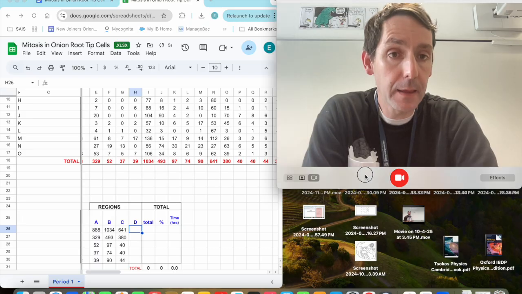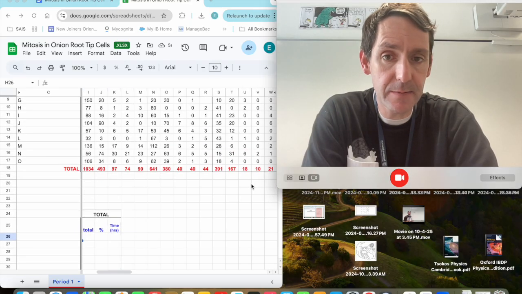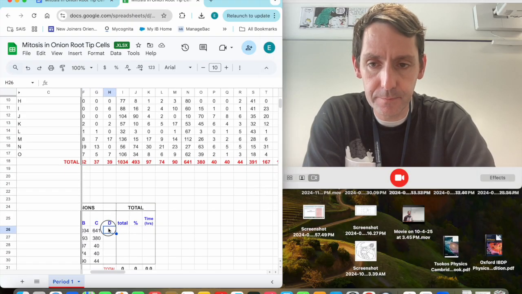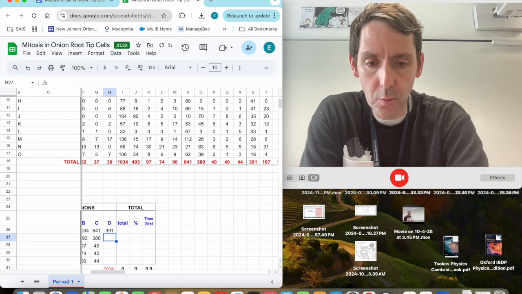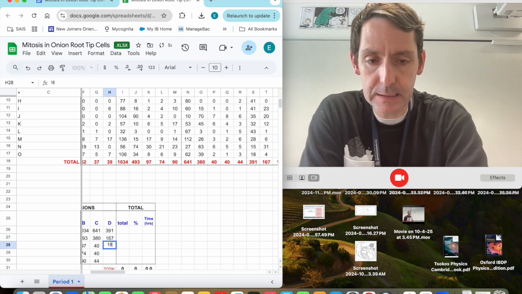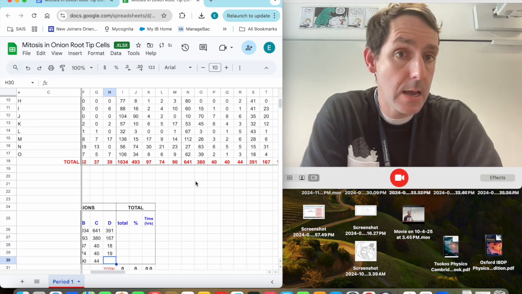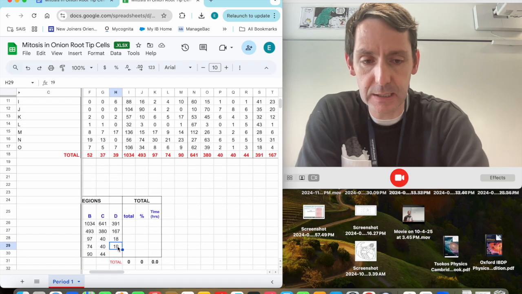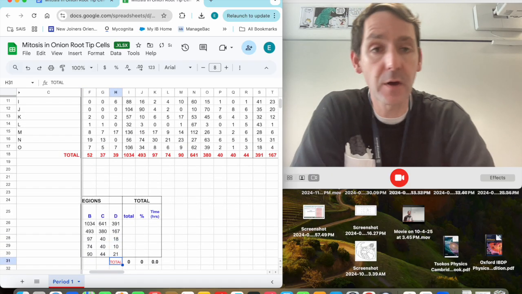All right. And then we will move over to region D, where I can see 391, 167, 18, 19, and 18, 10, and 21. So I need to change that to 10 and 21. So I've got all the data in.